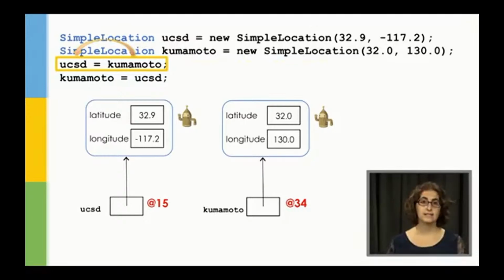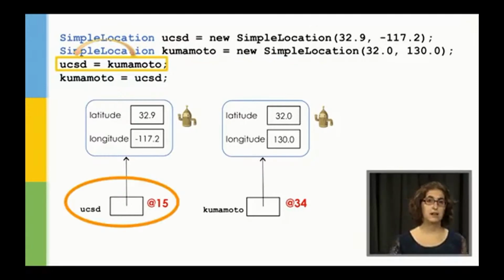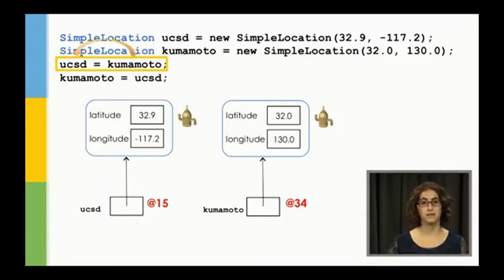So UCSD, that box in our memory model, has an arrow to an object, but remember that arrow to the object is our visual shorthand for saying we have stored the address in memory of that object. So something like at 15. 15 is a made-up number here. It's to indicate some address, the address of the object that we created before.